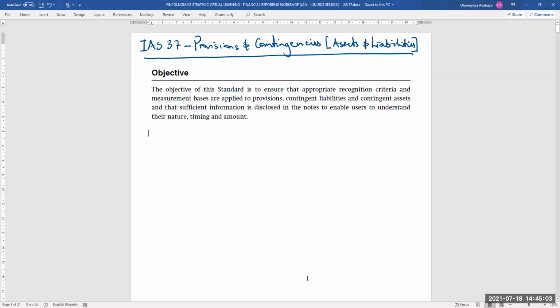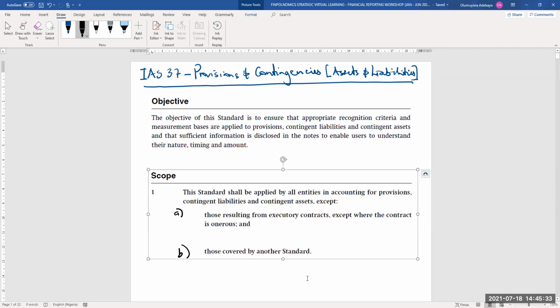Or where there is an executory contract and the executory contract is deemed not to be onerous. Otherwise, if it is onerous, the standard will apply. And when can we say an executory contract is onerous? We're going to see that as we move on.